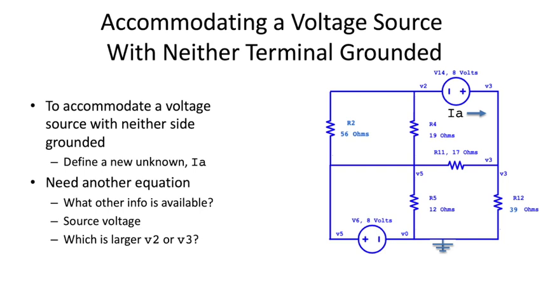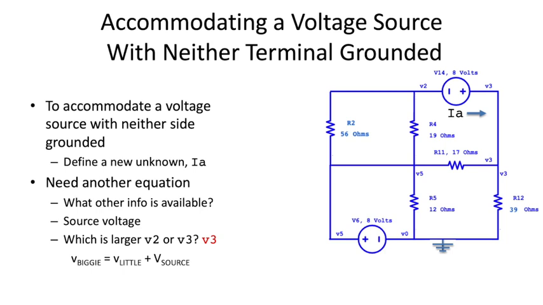So which of the node voltages is larger, V2 or V3? Which one would be larger? It's going to be V3, the one towards the positive terminal of the voltage source.